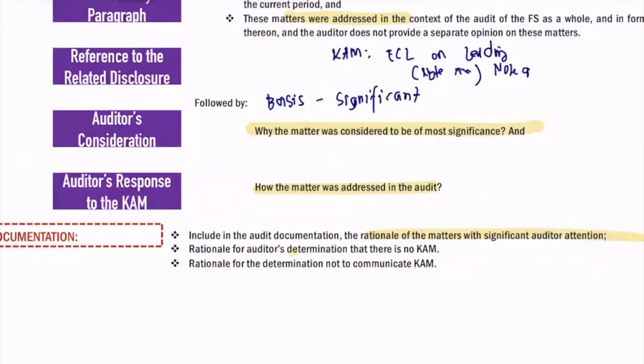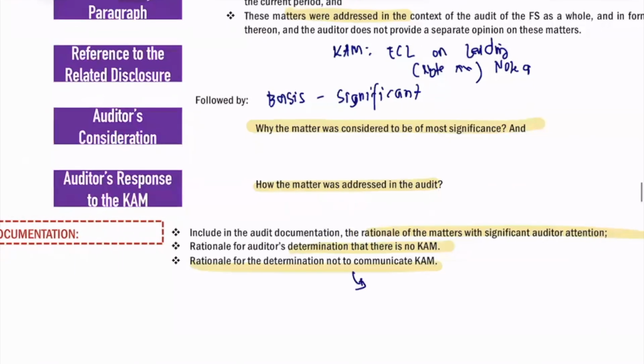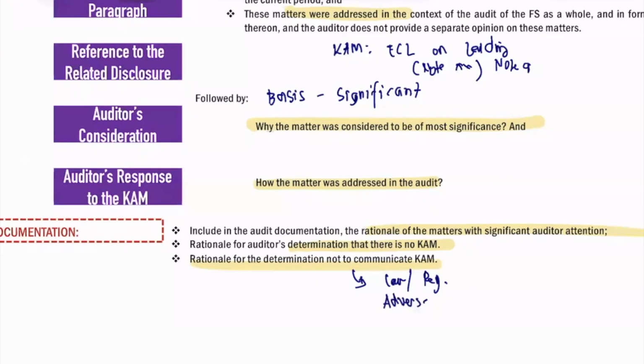And how do you determine that there is no key audit matter, or the rationale not to communicate the key audit matter? When can we not communicate the key audit matter? We do not communicate only if the law or regulation does not require the disclosure or does not want you to disclose that key audit matter. If the key audit matter has adverse consequences.